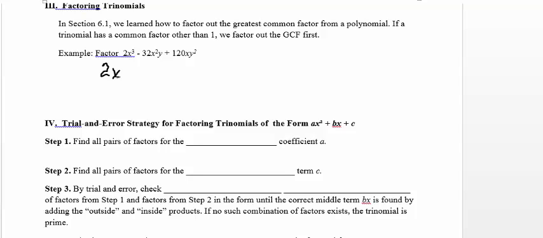So 2x is our GCF, and that multiplies by x squared to give 2x cubed. It multiplies by a negative 16xy to give negative 32x squared y.